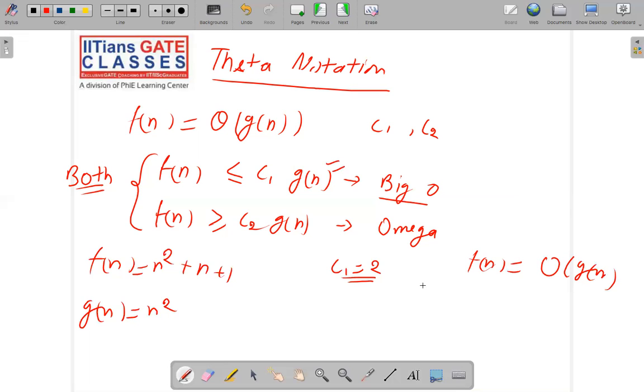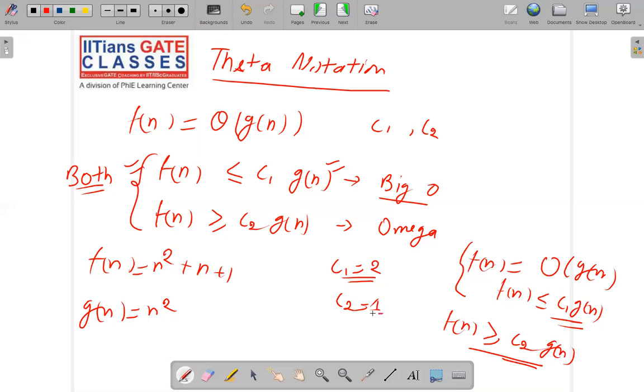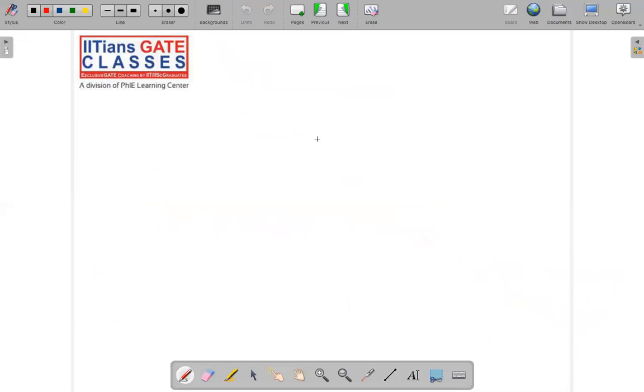So this first one is satisfied. If we take C2 as 1, then f(n) greater than or equal to C2 g(n) will hold. So both conditions hold, and for this example the theta notation is satisfied. We can say that f(n) equals theta of g(n).